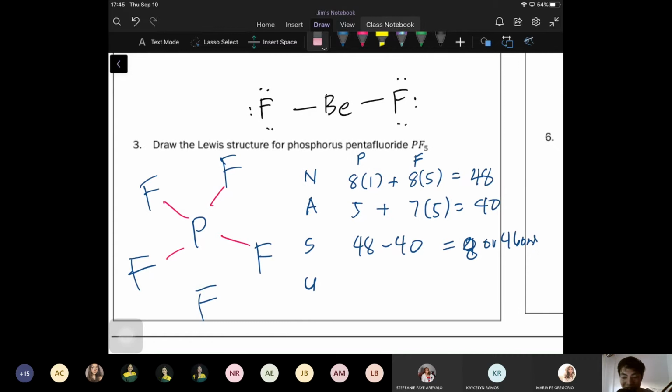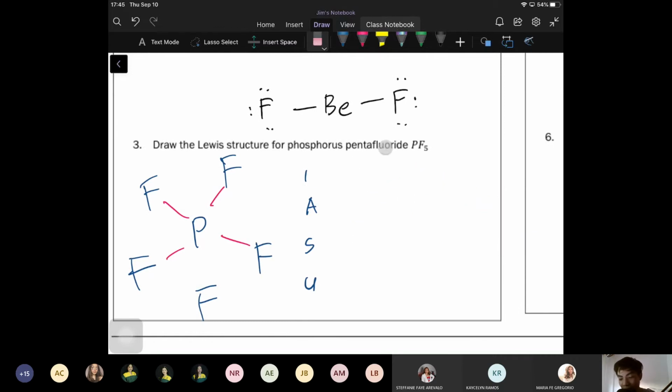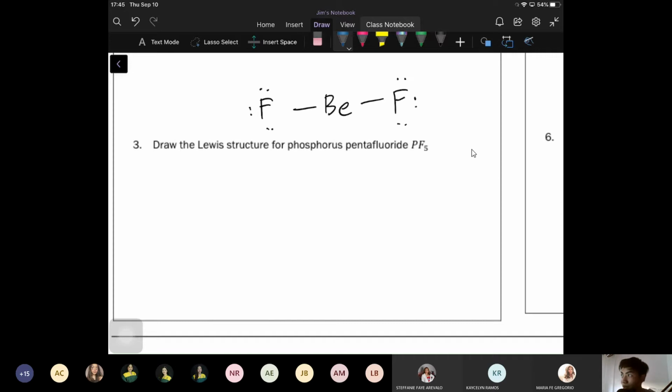Binibigay ko na yung style sa inyo para gayahin nyo na lang. Pagdating naman ng quiz, dinadalian ko naman yung quiz. So this will not follow the octet rule. So ano gagawin ko? Yung technique for the expanded octet.